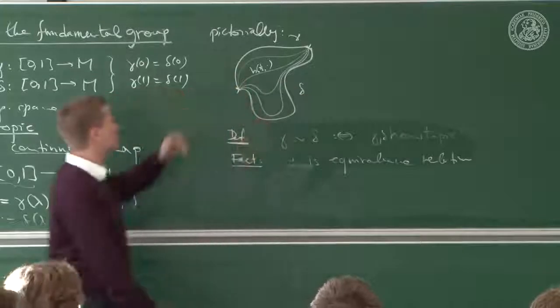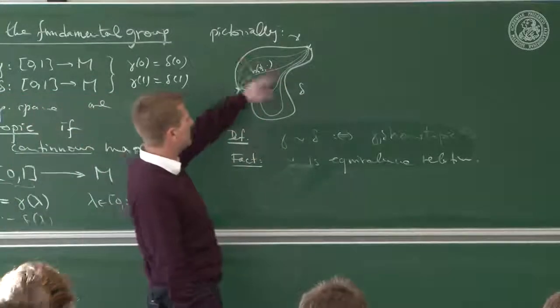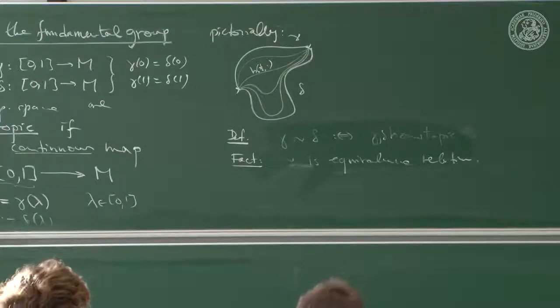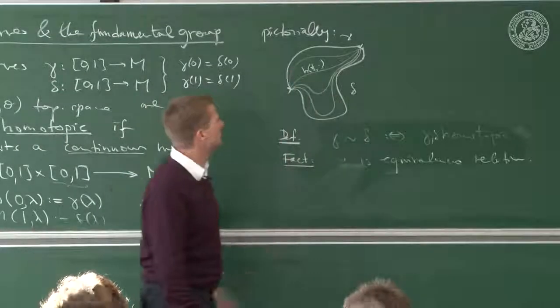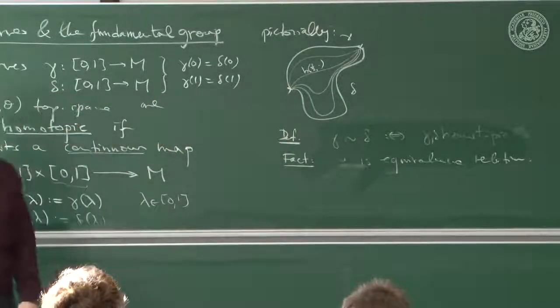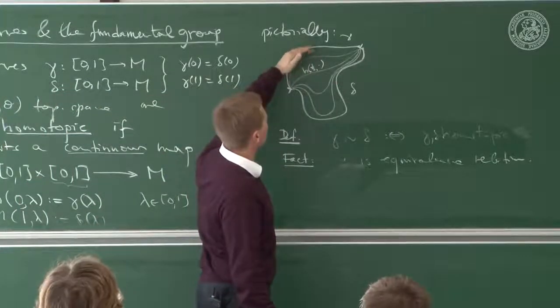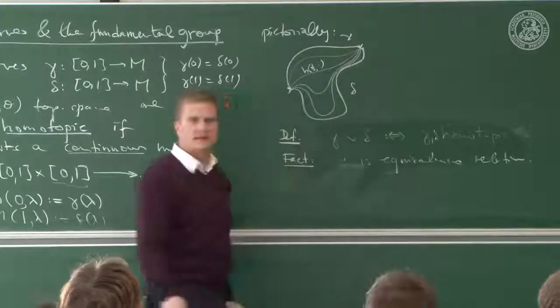Well, every curve is homotopic to itself. That's easy to do. If gamma is homotopic to delta, then delta is homotopic to gamma. You get this by just having h of 1 minus sigma, and then you let sigma run. And it's transitive. Well, you can check, but it's intuitively clear. If you can continuously deform delta into gamma, and you can deform gamma into epsilon, then you can also continuously deform delta into epsilon.